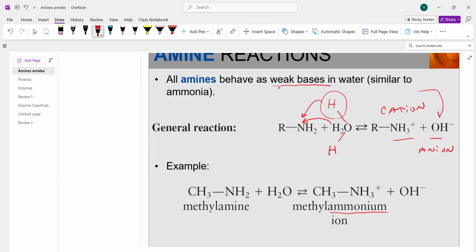The definition of a base is, can it dissociate a hydroxyl ion? So this met the definition of a base, hence pH is greater than 7.